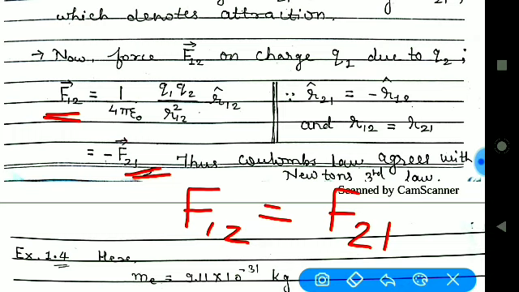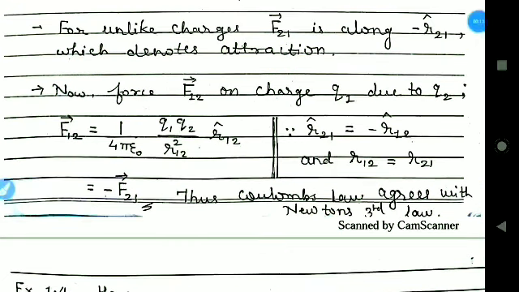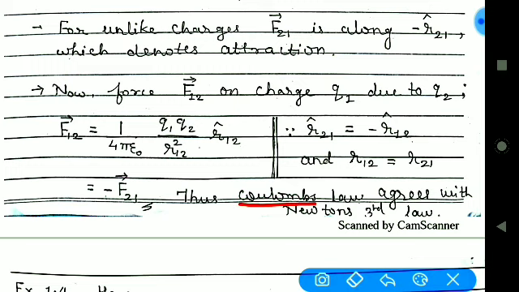There is no negative sign, but if we put a vector sign, then we have to show the direction, and due to direction there is a negative sign. So we can say that Coulomb's law agrees with Newton's third law, meaning the forces between the two bodies are always equal in magnitude, but the direction of this force is opposite to each other.